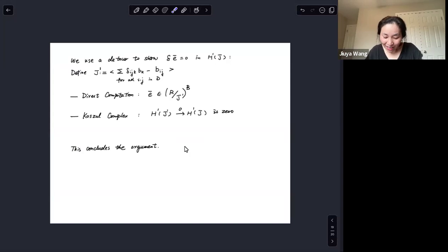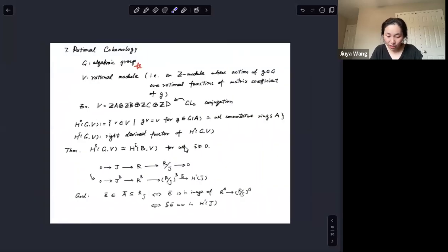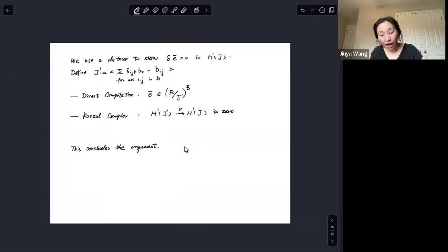This is what we call in the paper to show that the restriction, the embedding of the H1 of the smaller ideal into the H1 of J, is always a 0 map. And from that, we can conclude that our E bar element is exactly lying in A bar. And that concludes our proof for the residually indistinguishable case.